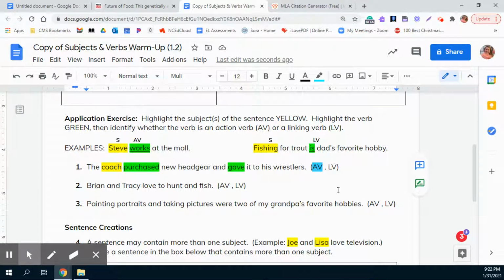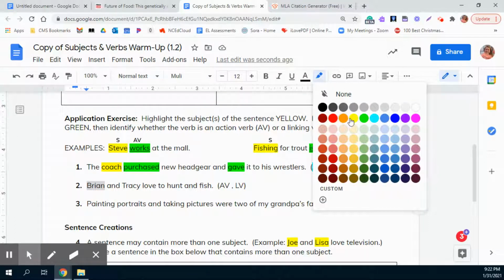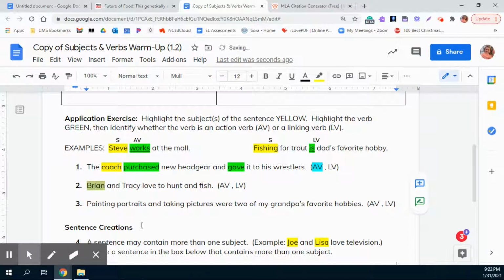All right, sentence number 2. Brian and Tracy love to hunt and fish. All right, so who is doing the action in this sentence? Well, that's Brian, first off. We got Brian, he loves to hunt and fish, but also we have Tracy. Tracy also loves to hunt and fish. They are just a match made in heaven.